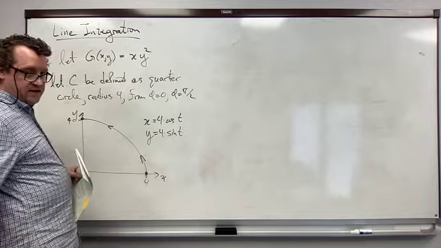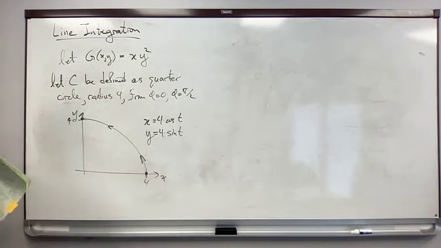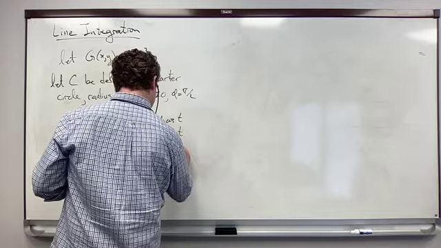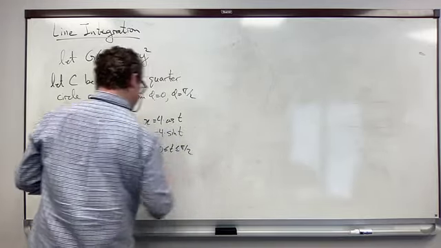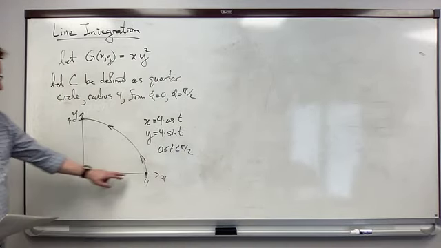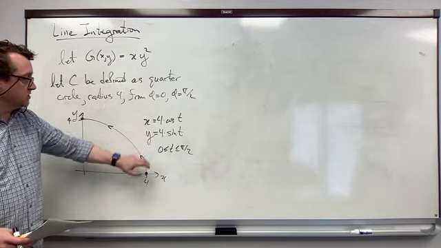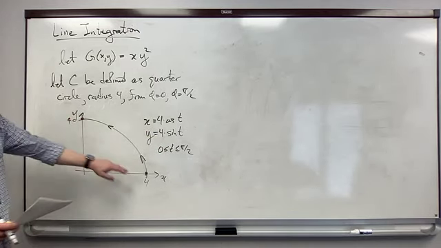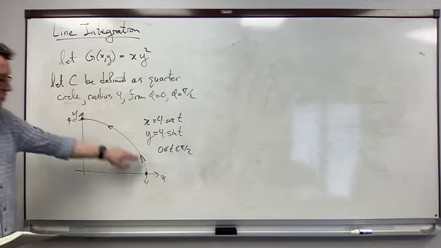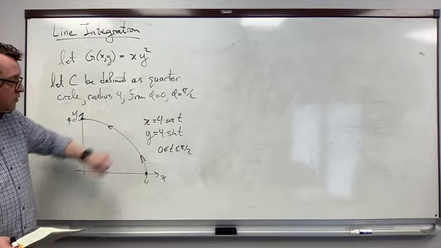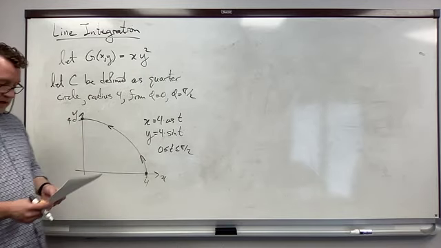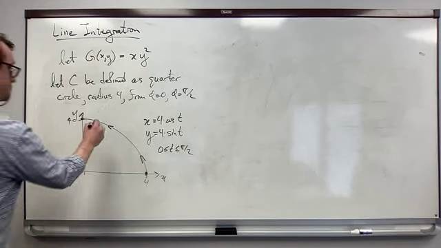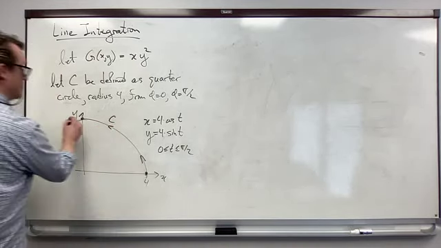So this is us parameterizing the curve because we recognize this is a circle. And t will go from 0 to pi over 2. At t equals 0, x equals 4, y equals 0, and at t equals pi over 2, y is 4, x is 0. And in between, the sum of those squares equals 4 squared. So this is a circle of radius 4. So this is C from here to here.